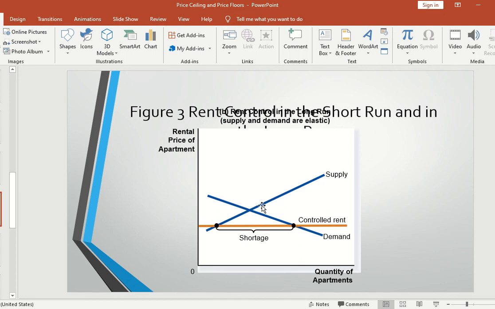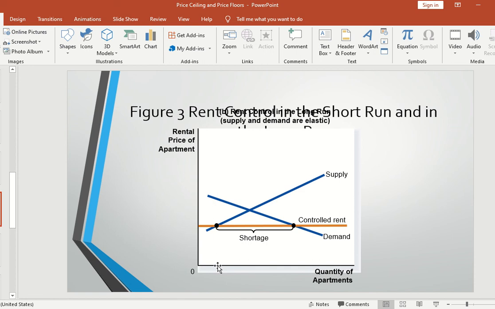What happens in the long run is, because landlords are not happy with the price ceiling, some landlords may actually leave the market. They don't want to keep an apartment for rent anymore, so they will probably just live in the apartment themselves, or they just sell it. They don't want to be landlords anymore. That will create a decrease in the quantity supplied.